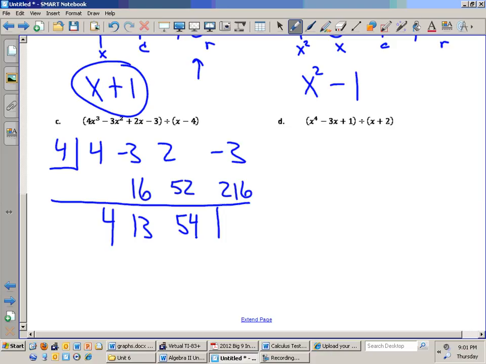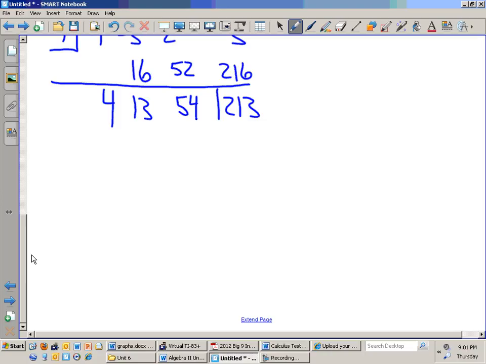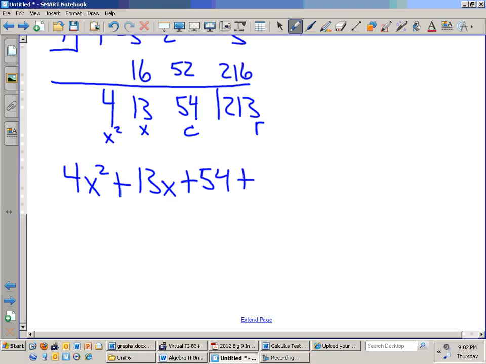Negative 3 plus 216 is 213. This is your remainder. This is your constant. This is your x. This is your x squared. 4x squared plus 13x plus 54 plus 213 over your divisor, which is x minus 1.